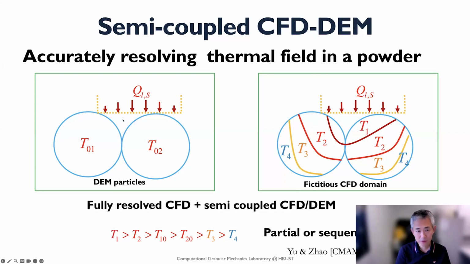For example, if the powders are subject to laser illumination, their temperature increases, and typically at the top the temperature will rise faster than at the bottom.